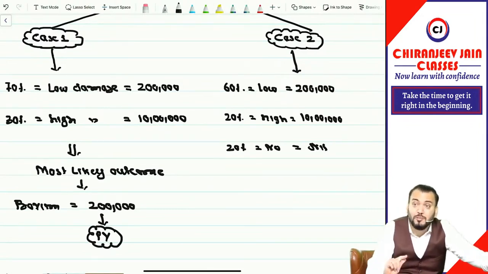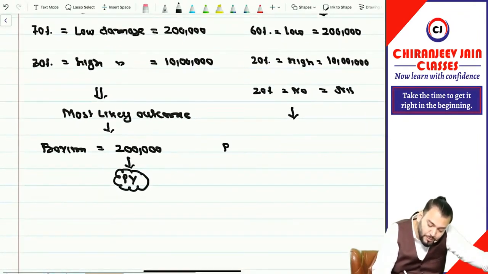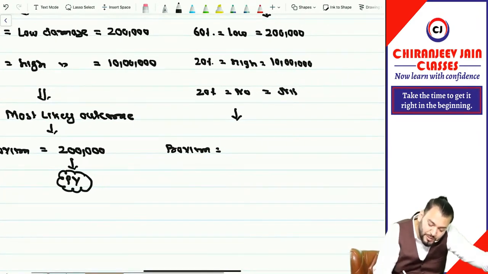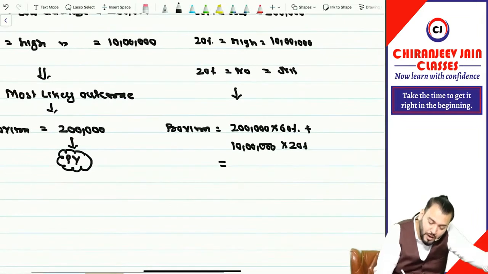Whenever there are three possible outcomes, you will not go for the most likely amount. Now you need to go for the weighted average. So in this case, provision will be equal to what? It will be 2 lakh into 60% plus 10 lakh into 20%, which will be equal to 3 lakh 80,000.